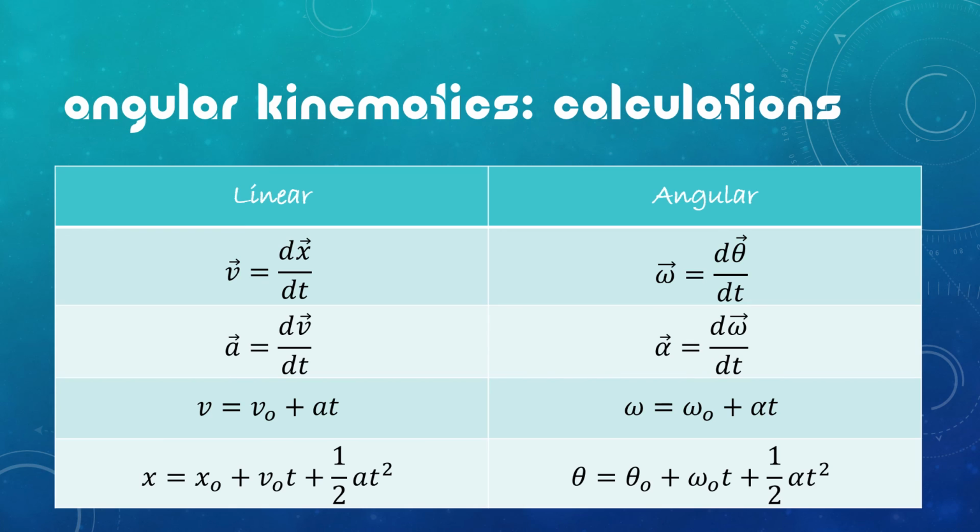I'll also point out that on the equation sheet there is one additional equation for linear kinematics, but for the angular quantities it only contains these two kinematics equations. But it's pretty easy to take that third equation and figure out what it would be if we were doing angular motion.